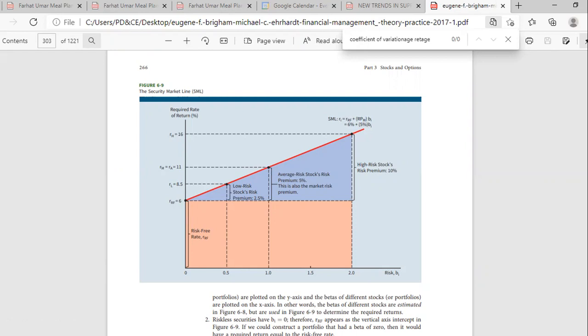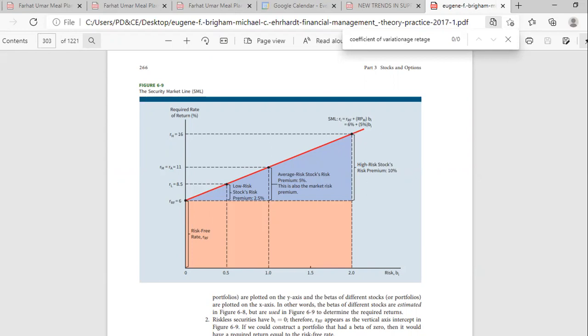And if there's a high risk premium, you see, 10% risk premium, it's a higher rate over here because people want a higher return. If the premium is lower, you see that the point is lower over here, and the low risk is over here. So if somebody is holding a high risk stock, then the risk premium is going to be higher, and so the return that they expect is also going to be higher.